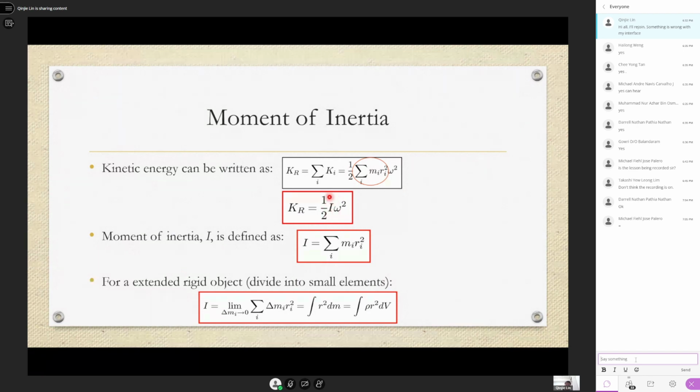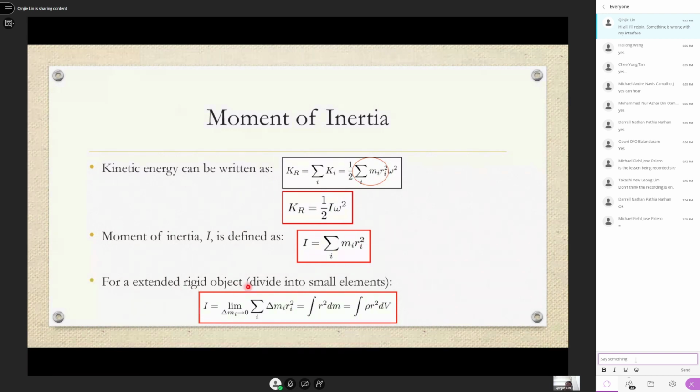We'll call it the moment of inertia. This I will appear when we are rotating something, and it replaces this particular expression, mr squared. So this is our moment of inertia, mr squared.